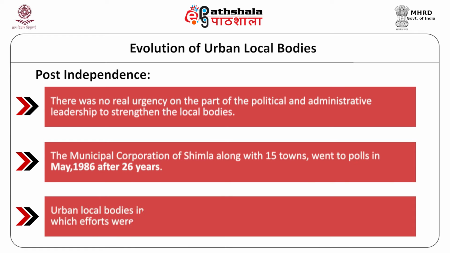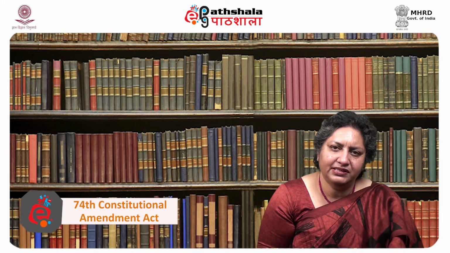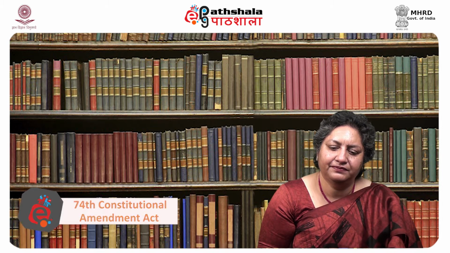Besides this, there were other maladies which the urban local bodies were afflicted with. And in order to remove these maladies, the 74th Constitutional Amendment Act was brought in by the Union government in the year 1992. Let us discuss the features of the 74th Constitutional Amendment Act.